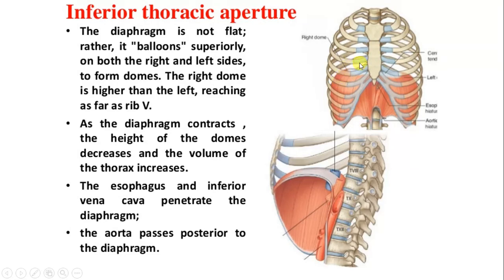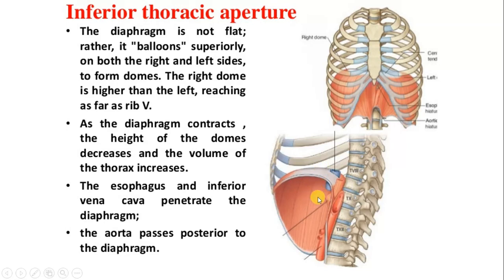You can see here the diaphragm: as the diaphragm contracts, the height of the dome decreases and the volume of the thorax will increase from above downward. The vertical diameter will be increased by the contraction of the diaphragm.